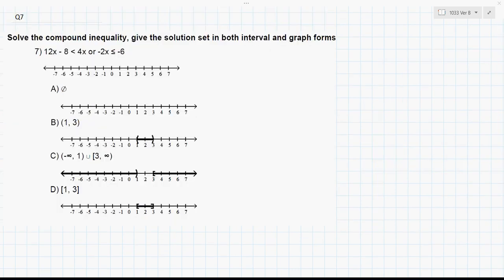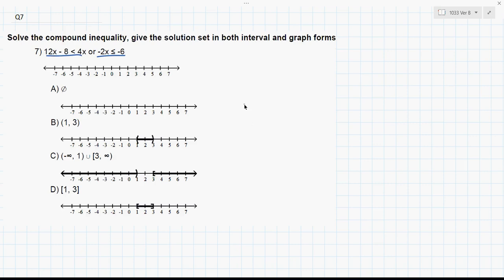In the compound inequality and give the solution set in both interval and graph form. First suggestion is to look at all of the items and see whether or not they work. We're going to have to solve each of the equations on their own first to x is greater than or less than or equal to some number.